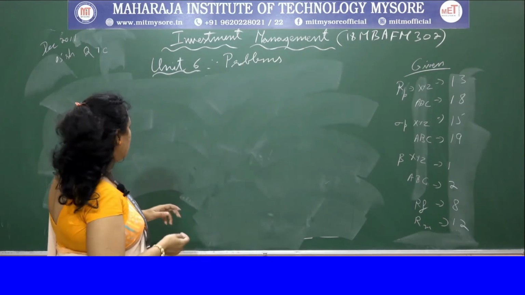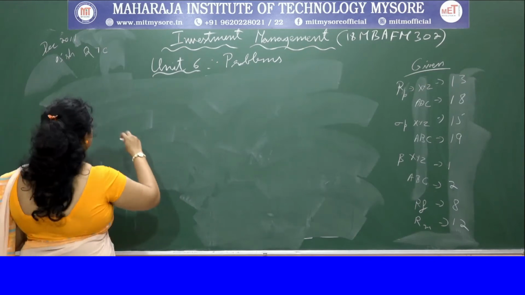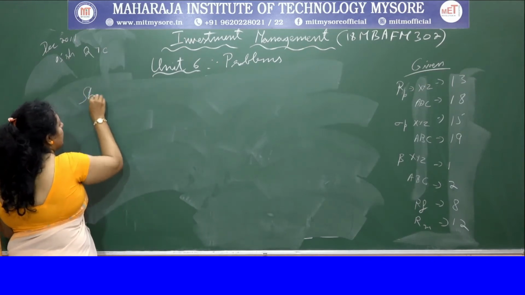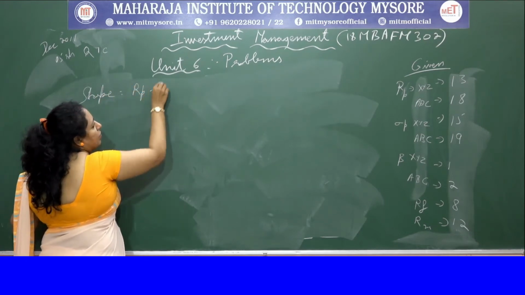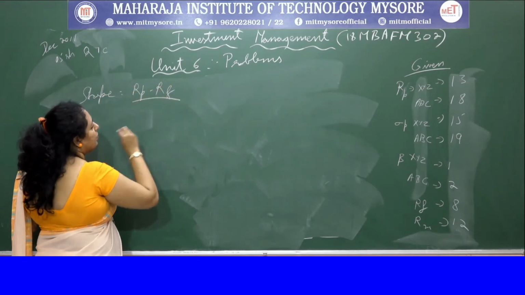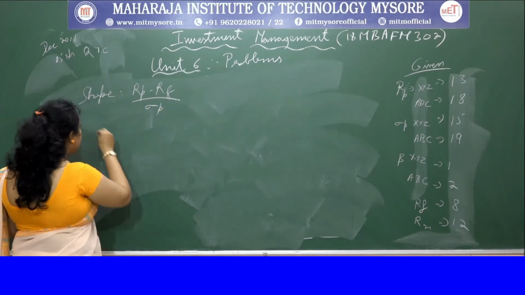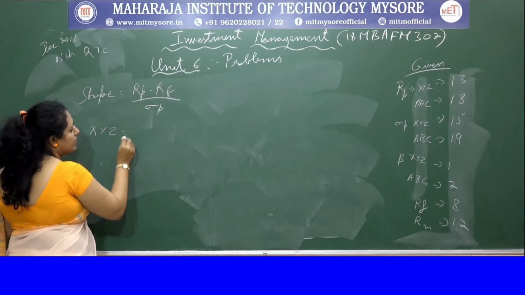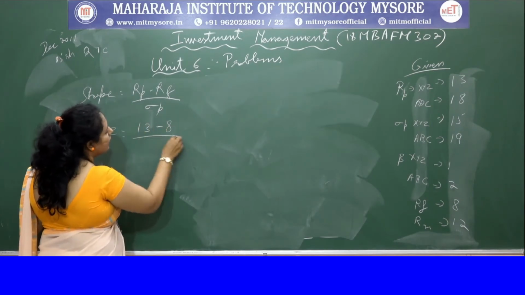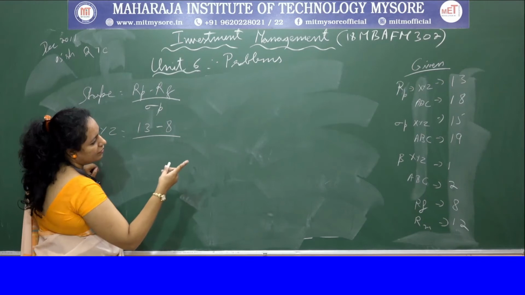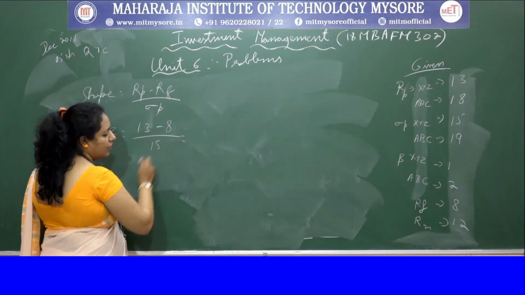So here they have asked all three, Sharpe, Treynor and Jensen. Let's do the Sharpe first. Rp minus Rf divided by standard deviation of P. So first I'll be doing XYZ, which is 13 minus 8 divided by standard deviation 15.